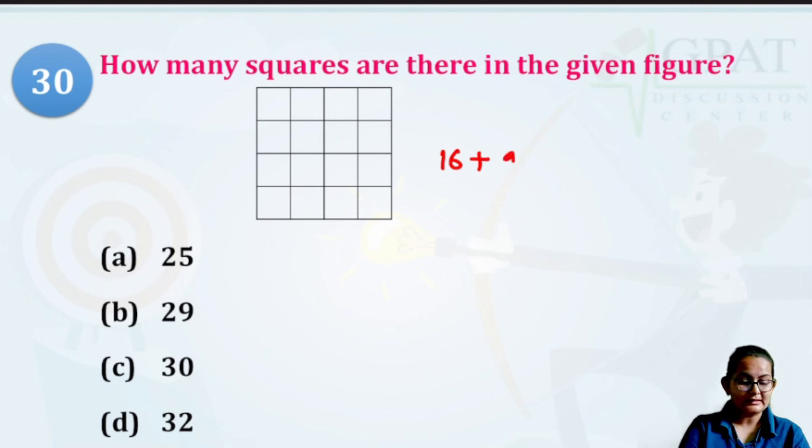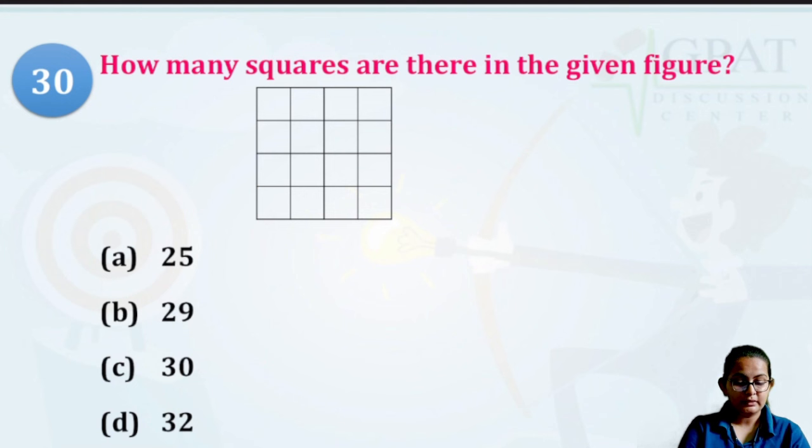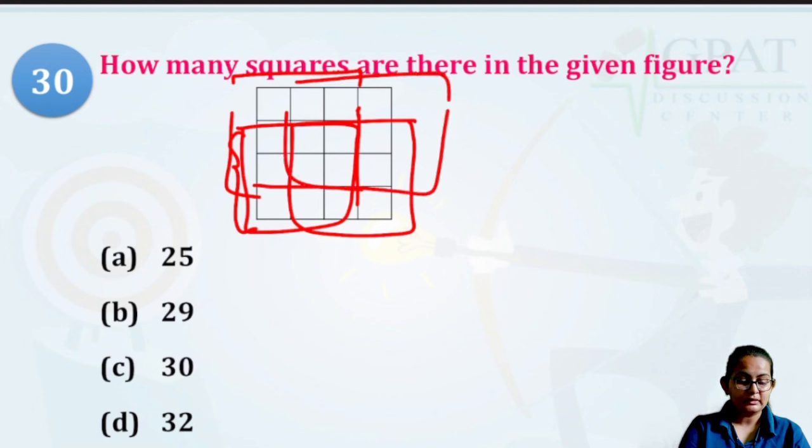The next squares remaining are 1, 2, 3, this one, and 4. I think this is not visible. All these 3 have to be considered. Then this side is considered, similarly this side is also considered. Similarly, for the above side you have to consider from this one till this one. Then this to this. That means total 4.